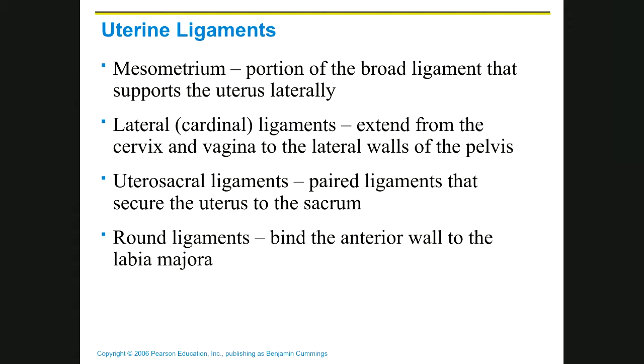Well, just like we had ligaments for the ovary and we had ligaments for the uterine tubes, there are also ligaments for the uterus. Well, these are actually the most important ones. If you look at a non-pregnant uterus, it is not very big and it is not very heavy.